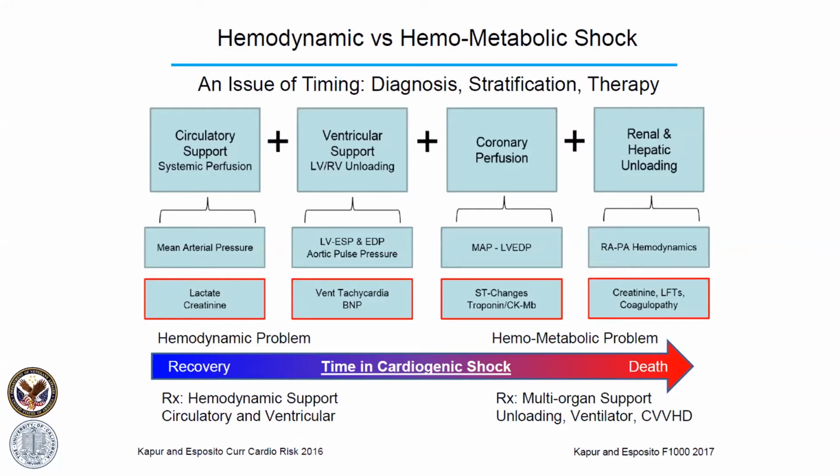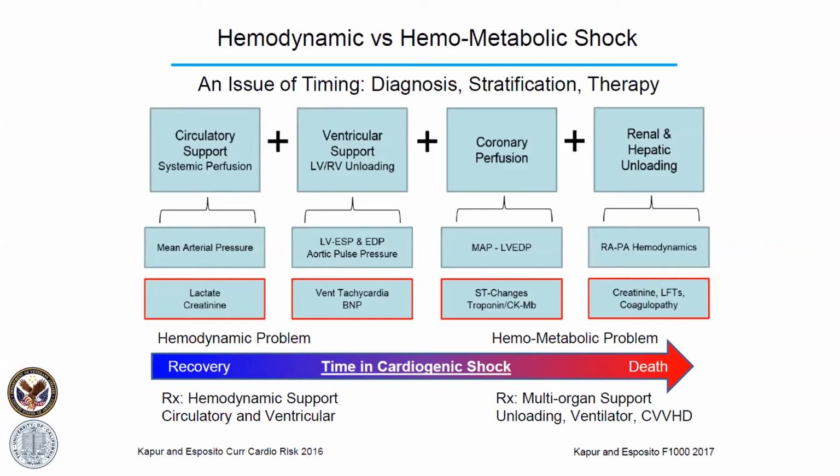Further, and in concert with the other two, would be coronary perfusion deficits. And again, this is often characterized hemodynamically by a reduction in the difference between mean arterial pressure and left ventricular end diastolic pressure. The smaller the difference, the worse the perfusion gradient. ST changes, troponin elevation, myocardial CKMB are all markers of the impairment of coronary perfusion with myocardial ischemia.